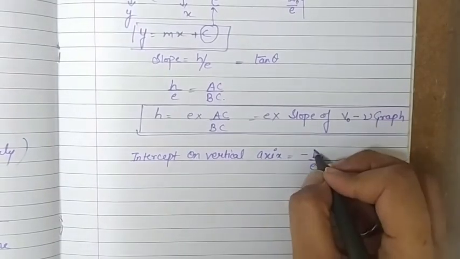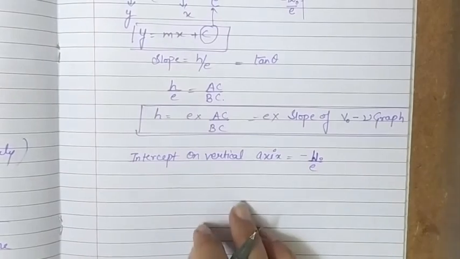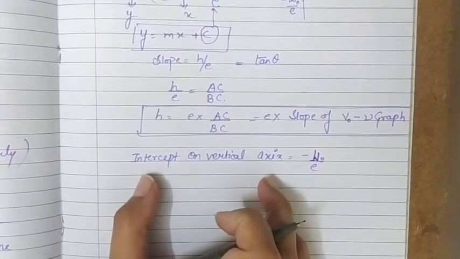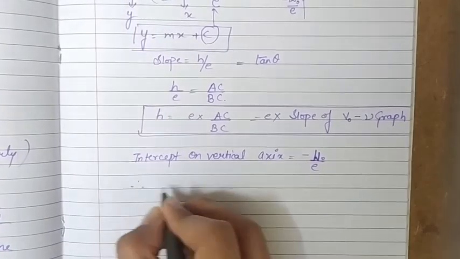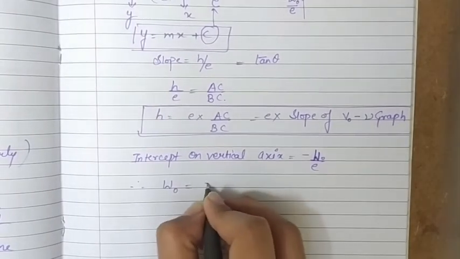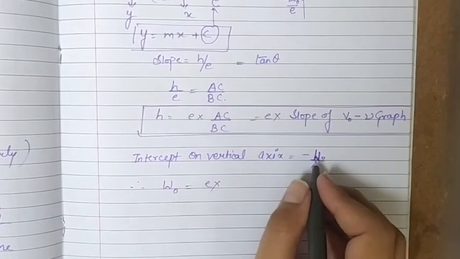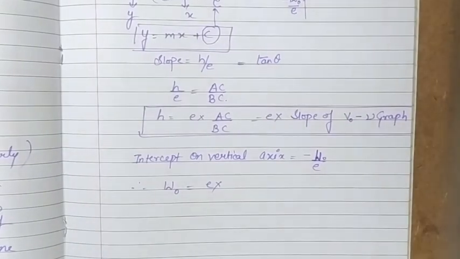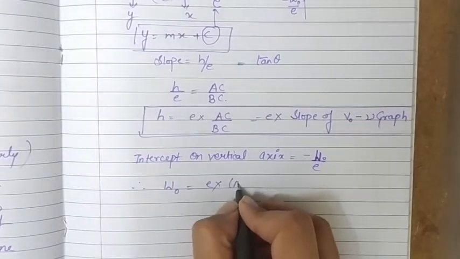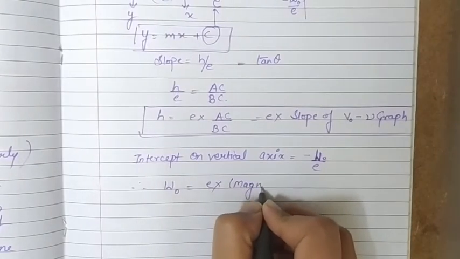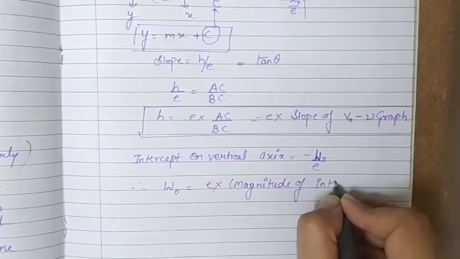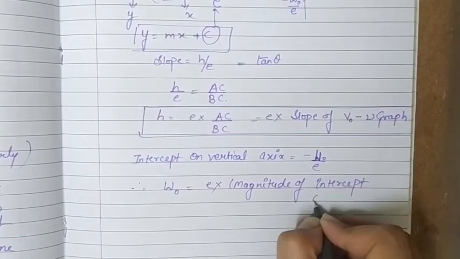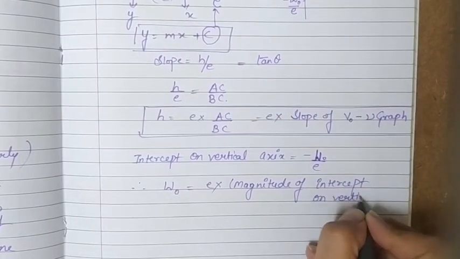By reading the value of that intercept on the graph and finding its magnitude, we can find w naught also. So w naught is equal to e into the magnitude of the intercept on the vertical axis; we leave out the negative sign because we consider the magnitude only.